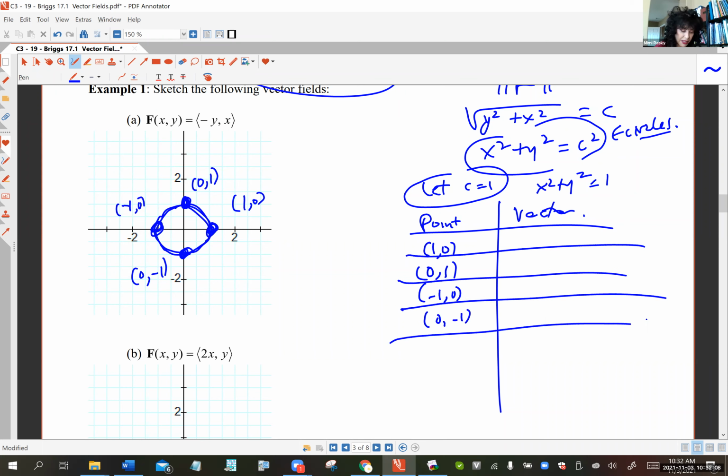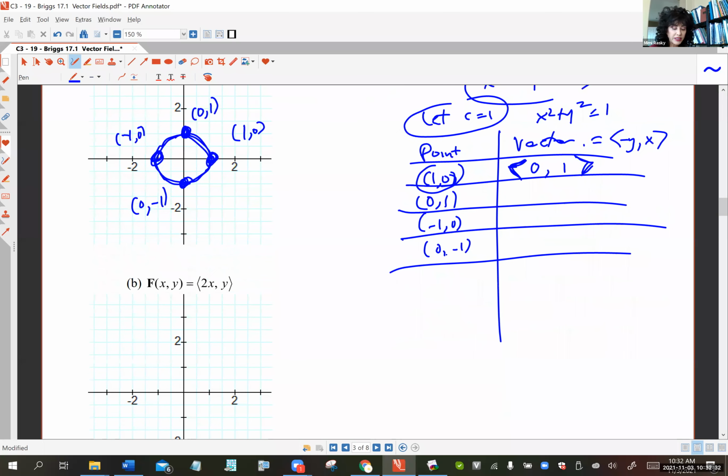Hang with me here. Now, what vector gets associated with each point? Keep in mind, this vector field has a vector <negative y, x>. So if I put a vector here with angular brackets, negative y, well, negative 0 is just 0, and then x. So the vector <0, 1> is associated with the point (1, 0). How do I sketch that?